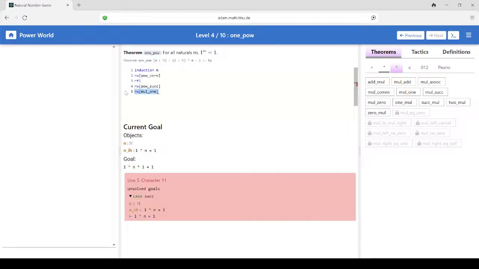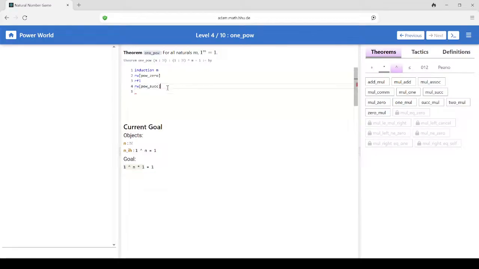Oh wait, let's... no. 1 times anything times 1 equals itself, but itself is what we're trying to figure out.